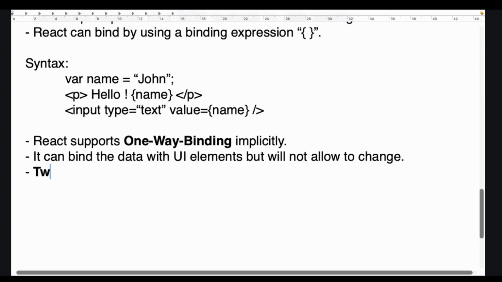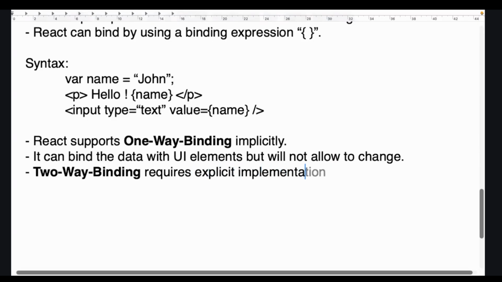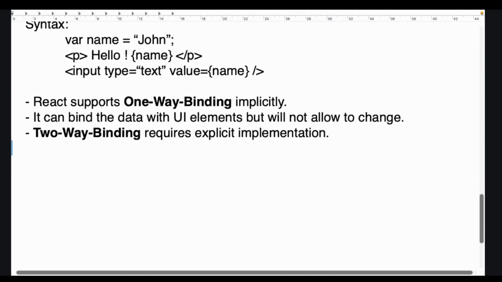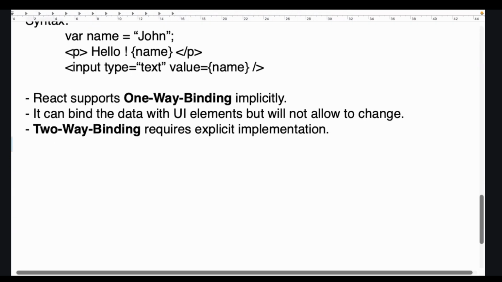So two-way binding requires explicit implementation, which you will learn later. Explicit implementation means by using external techniques, you have to implement.